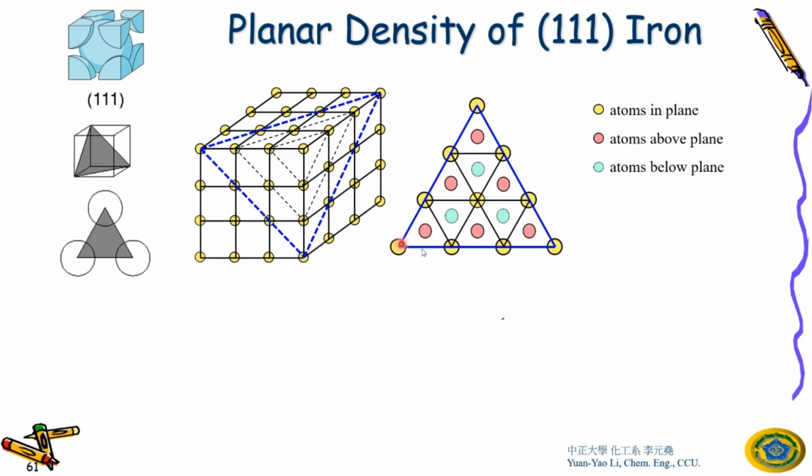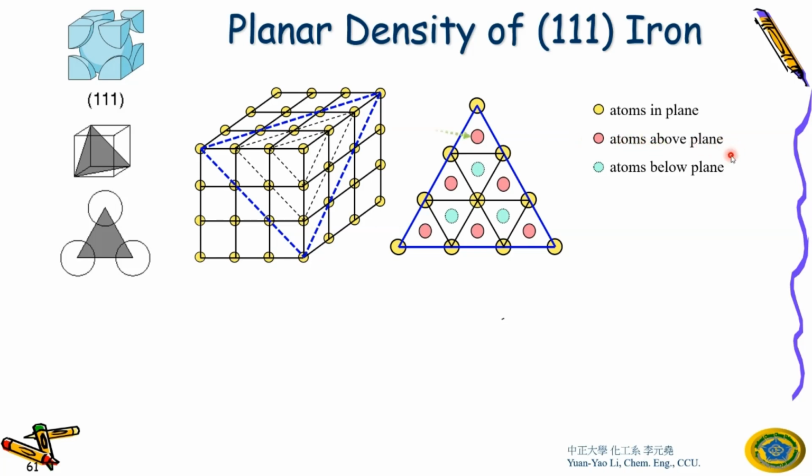1, 2, 3, 4, 5, 6, 7, 8, 9. Okay, and the pink ball represents the atoms above the plane.